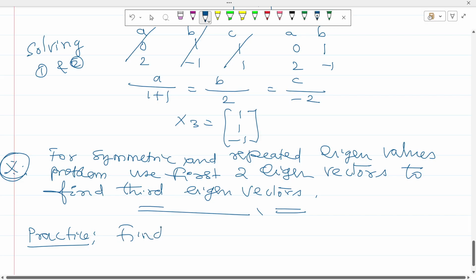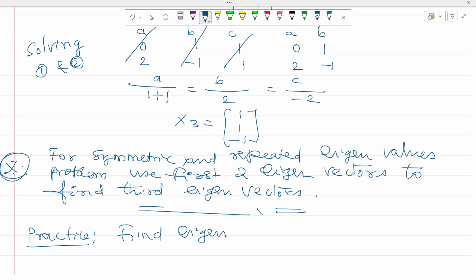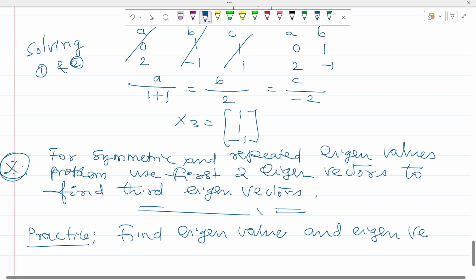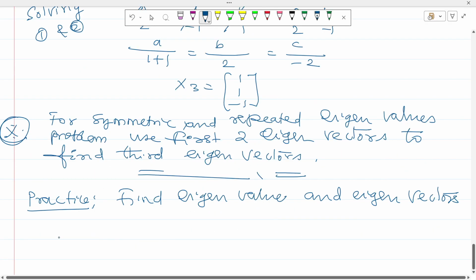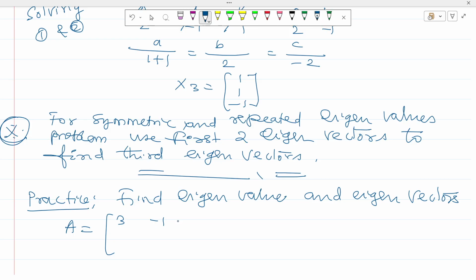Find eigenvalue and eigenvector. A equal to, one problem you can practice: 3 minus 1 1, minus 1 5 minus 1.